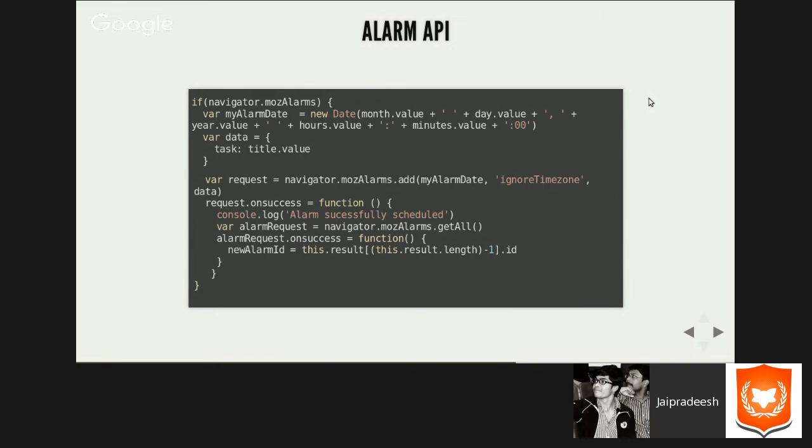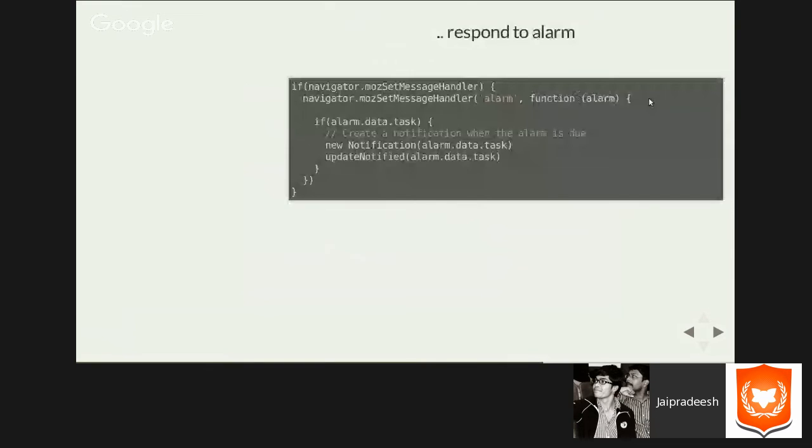You also have to get permission for this. You have to specify the alarm permission in your app manifest, and then you get the object from the system via request, and on success, the alarm is successfully scheduled, which means your alarm is scheduled. And then you have to respond to the alarm.